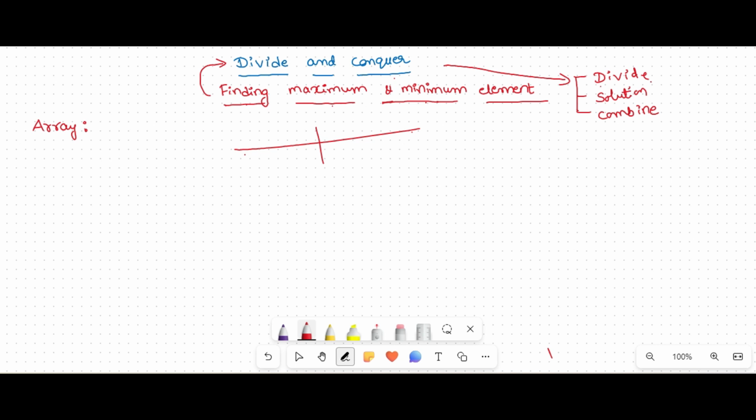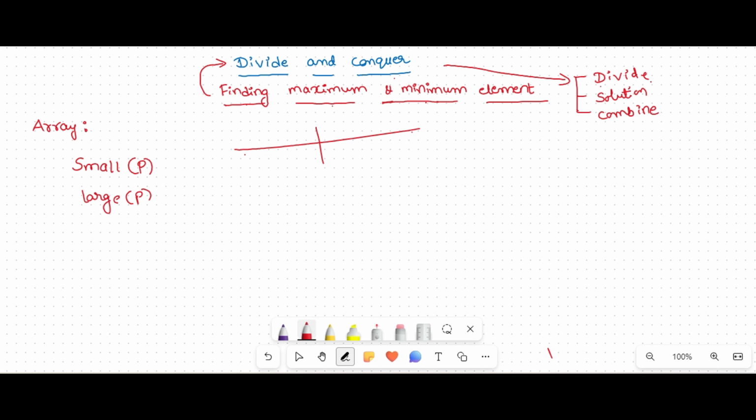Now how can we find out whether the problem is small? In this application of finding maximum and minimum, which case is called a small problem, and which case is called a large problem? If the problem is small, we can directly find the solution.